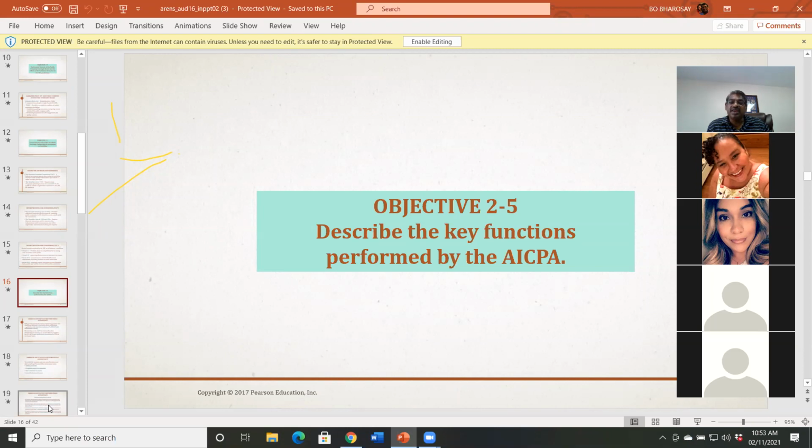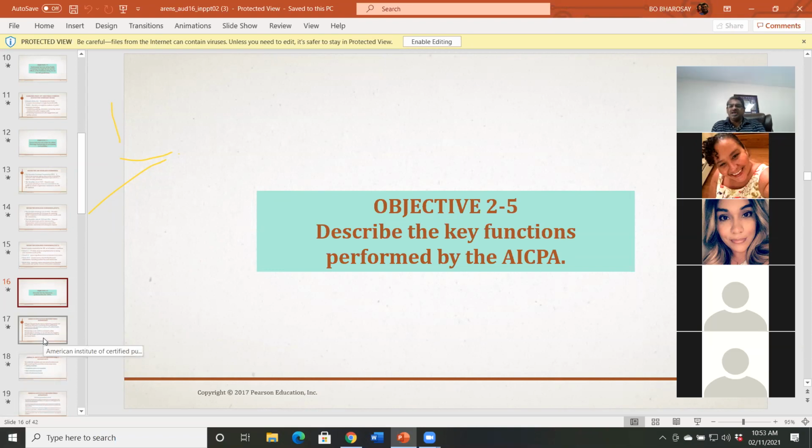The only members that may not have a CPA license are the student members, but they are aspiring to become CPAs. And the AICPA, besides the Securities and Exchange Commission, is a key organization in regulating the profession, especially as it pertains to non-public companies.